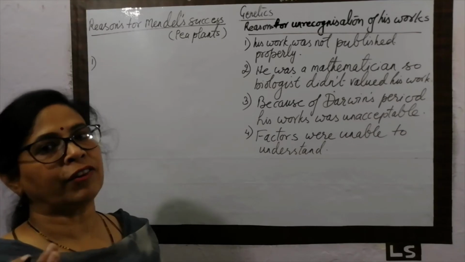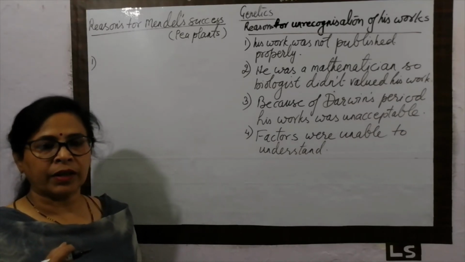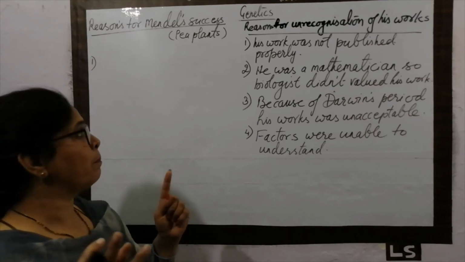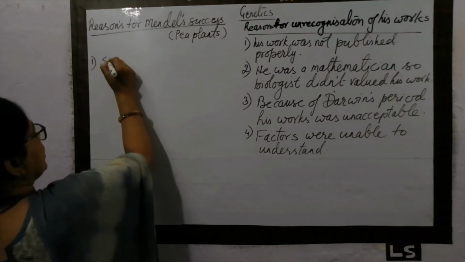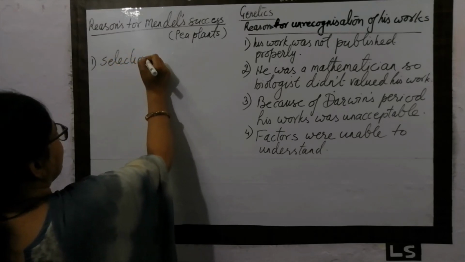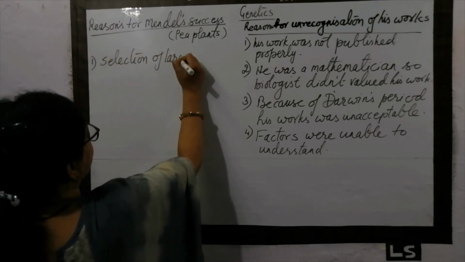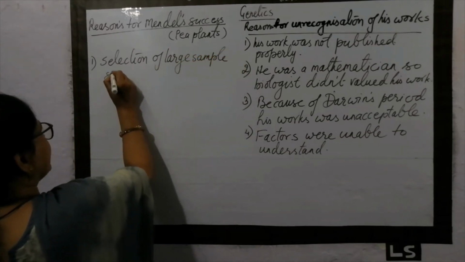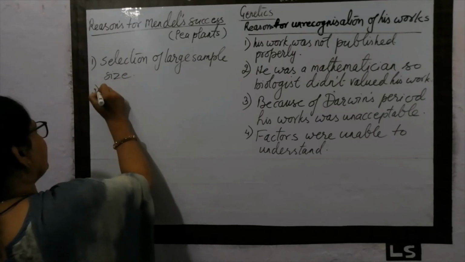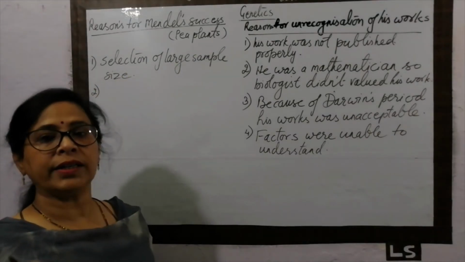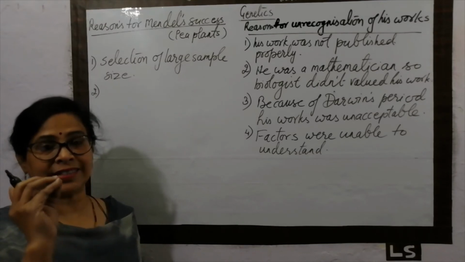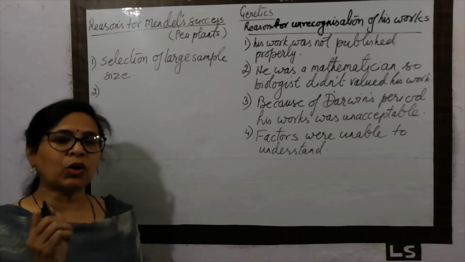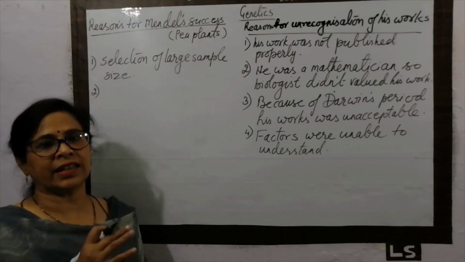We call him the father of genetics, because he selected the pea plant in a large sample size. Selection of large sample size. If the sample size is large, it is very easy to calculate accurate results.